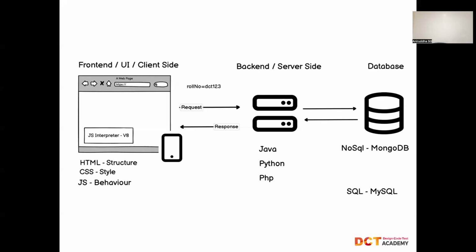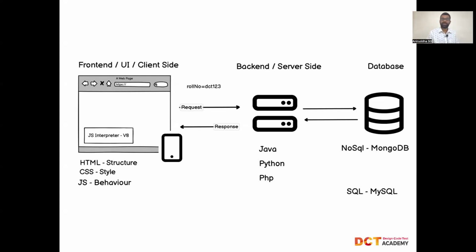So when you're talking about database, there are 2 categories of databases. Of course, we'll go deeper into the difference between them, but since today is just a web architecture overview, there are 2 different types of databases. One is called a NoSQL database. One very popular NoSQL database is MongoDB.